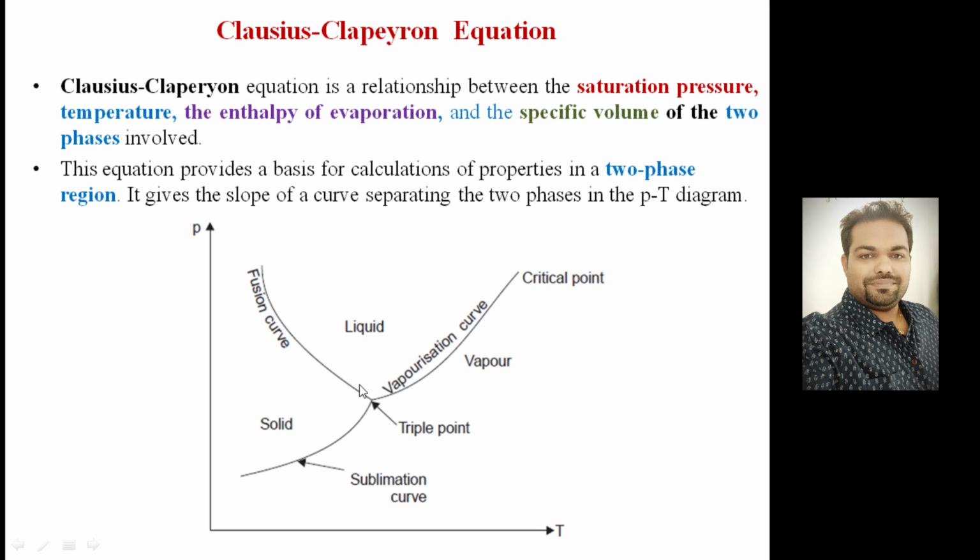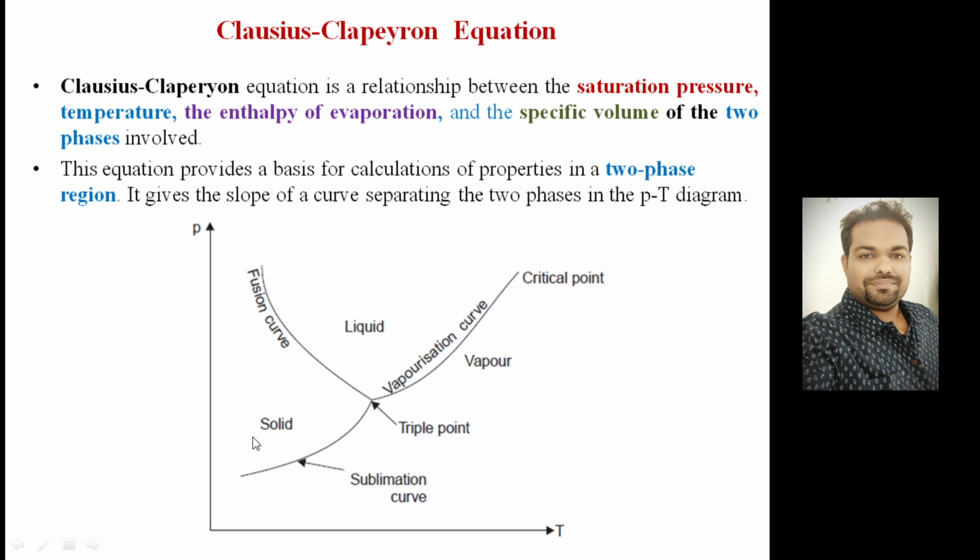As clearly mentioned from properties of pure substances, there will be a triple point line, and below triple point line liquid phase will not exist. Liquid phase will be existing only above the triple point line. So below triple point line, if you are on the solid side and you change the temperature, you will directly go to the vapor zone. So there will be direct conversion of solid to vapor below triple point line.